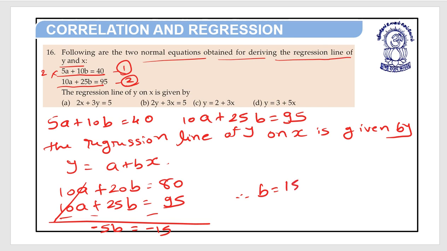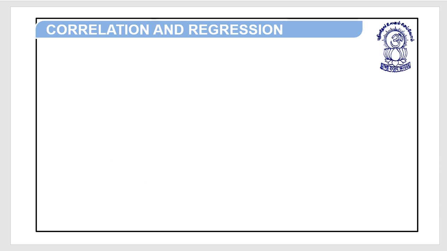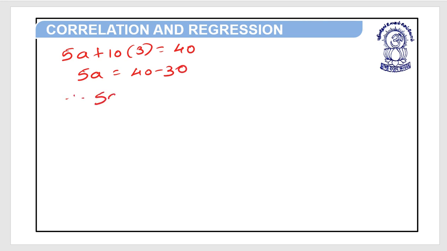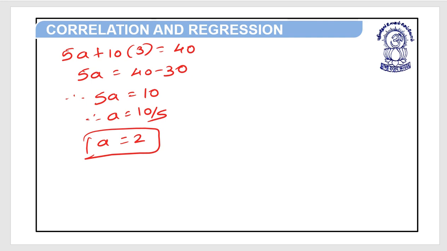So b is equal to 15 by 5 is equal to 3. Now put into equation 1: 5a plus 10 into 3 is equal to 40. So 5a is equal to 40 minus 30, so 5a is equal to 10. A is equal to 10 by 5 is equal to 2.